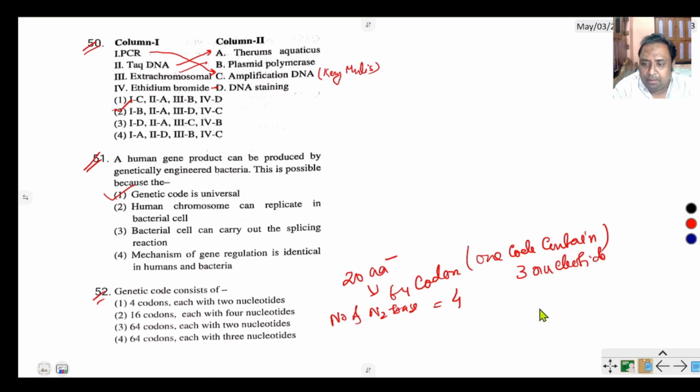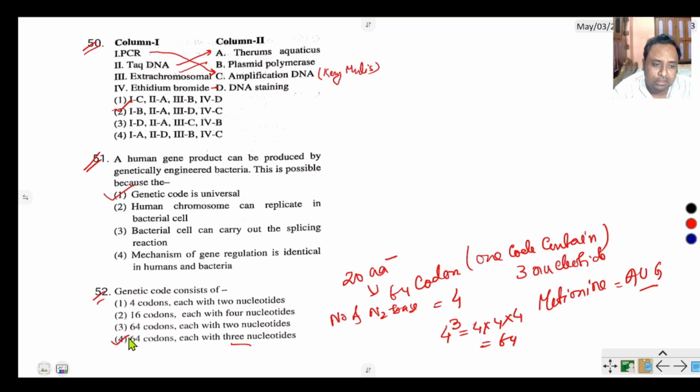For example, the amino acid methionine is represented by AUG. So 4 to the power 3, that means 4 into 4 into 4, is 64. A total of 64 codons are present, and a codon is made of 3 nucleotides. Number 4 is right.